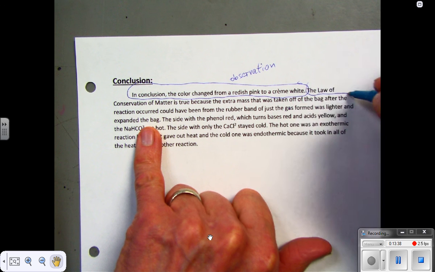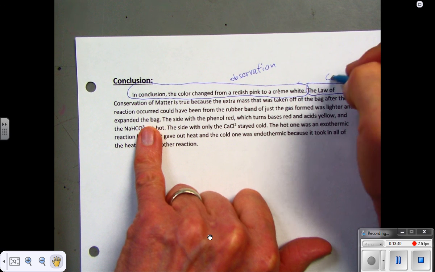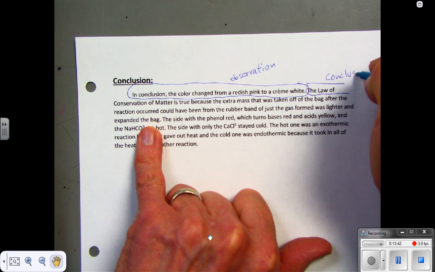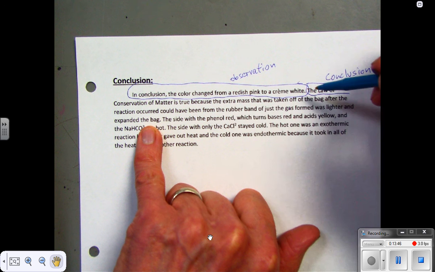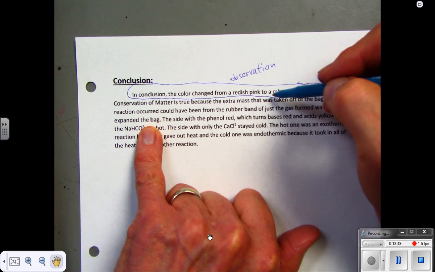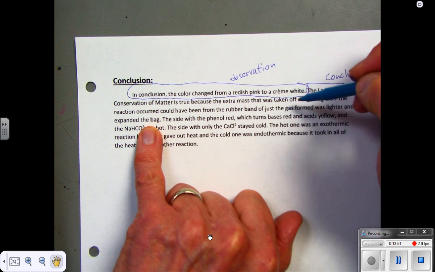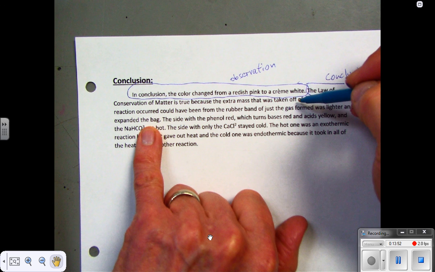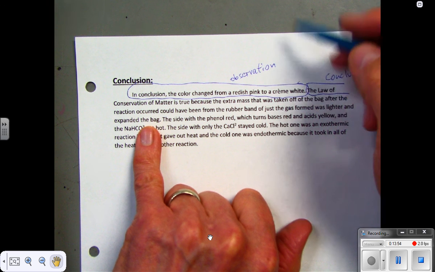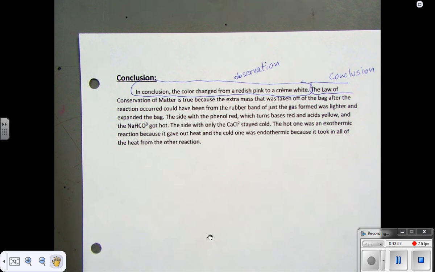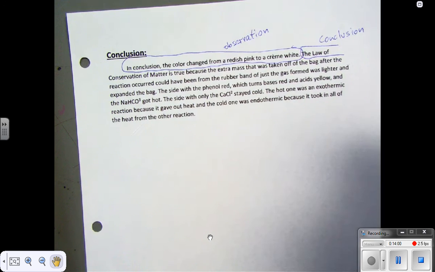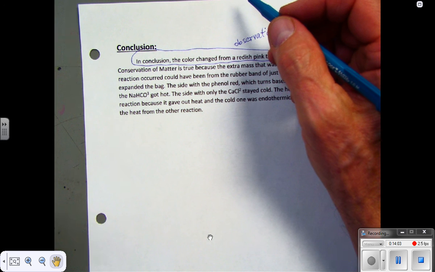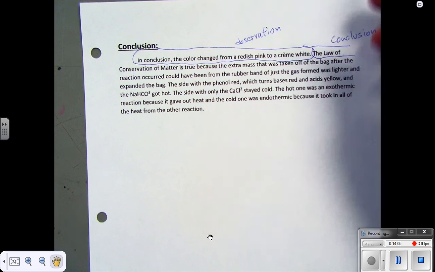So this is a conclusion, but it's not based on anything, except that you're referring back to your data. The mass was taken off. Why don't you say instead of taken off, reduced? Because taken off made me think that you were physically taking something off the bag. So you're right on the right track. I couldn't say anything wrong about this, Drake. You're doing a great job.